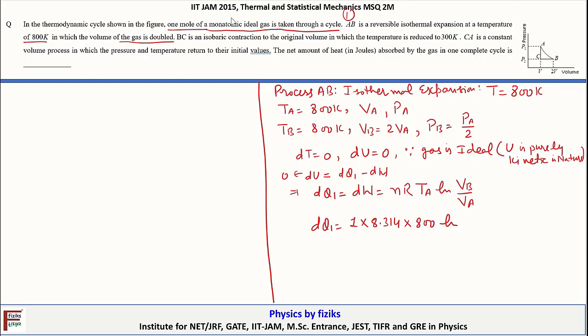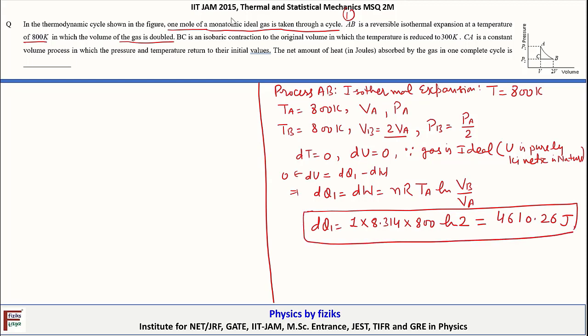Then ln of Vb divided by Va, which is 2Va divided by Va, gives a factor of 2. If you evaluate this quantity, it turns out to be 4610.26 joule. So we have calculated the heat exchange during one of the steps. Similarly, we will evaluate the heat exchange during the remaining steps, and at the end we will add them.